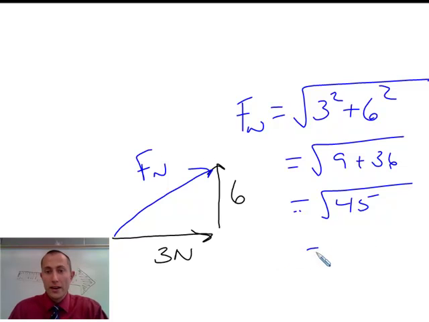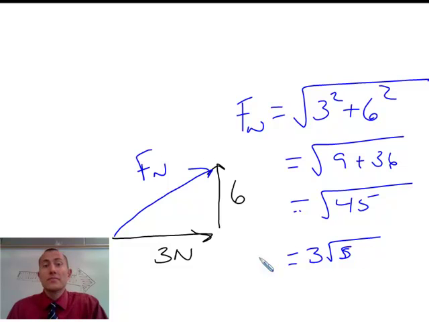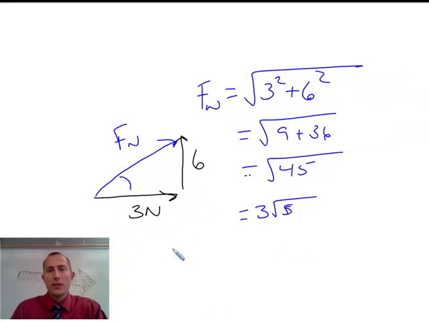And so we have 3 root 5, which if we have our calculators, we should of course get that out into a decimal, but for right now you get the idea. And so that's how we add vectors that are acting at a 90-degree angle, and then we can use our trig to find the actual angle there.